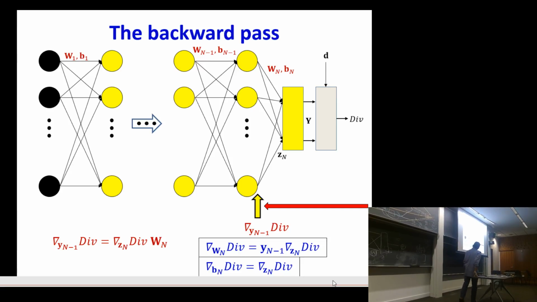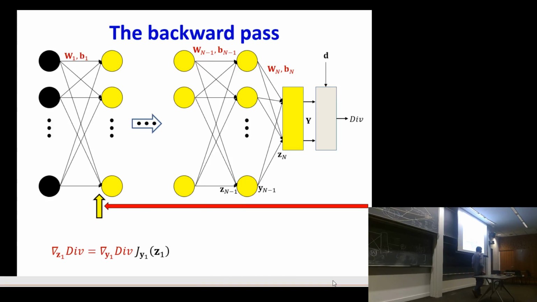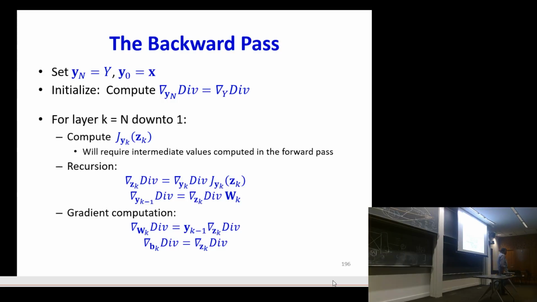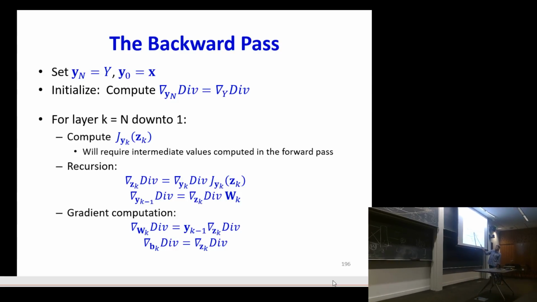So, I can work my way backwards. I have the whole thing in painful detail on the slides. But if you actually look at the backward error propagation rule, if I write it as pseudocode, it's absolutely trivial. I'm going to recurse my way back through the layers. At each layer, all I'm doing is multiplying the current derivative with the Jacobian and subsequently multiplying that derivative by the weight matrix.